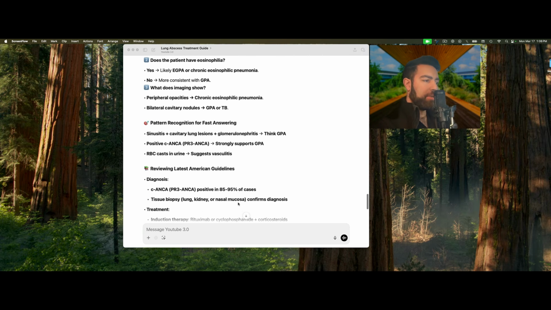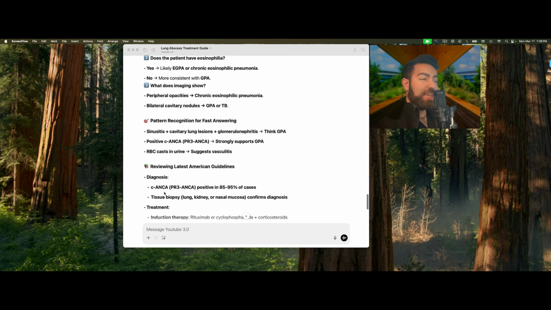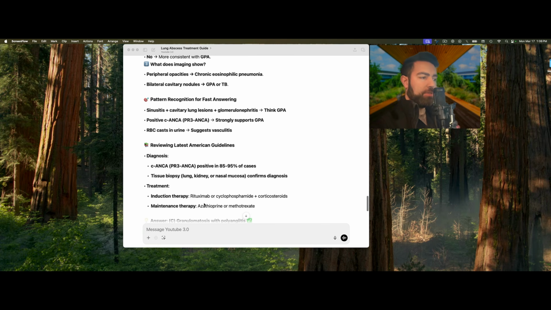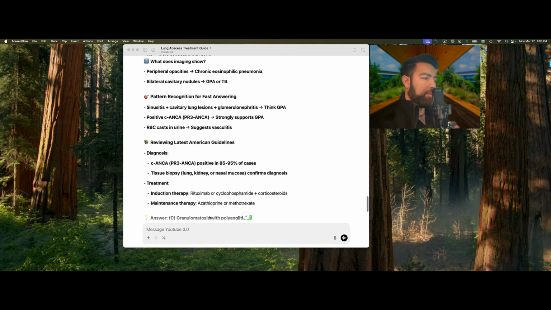The American guidelines suggest that the C-ANCA with PR3 ANCA is positive in 85 to 95% of cases of GPA, and the tissue biopsy confirms the diagnosis. The treatment could be rituximab or cyclophosphamide plus steroids, and then maintenance therapy could be azathioprine or methotrexate.